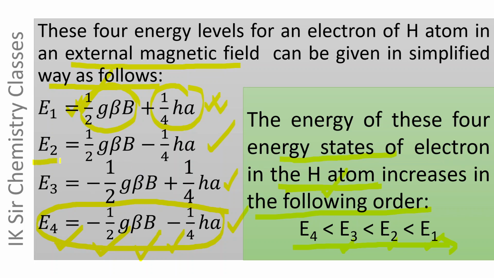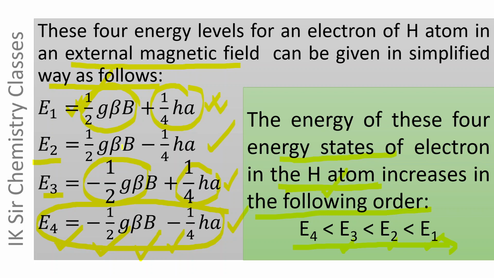On comparing E2 and E3, it may be seen that the first term dominates over the second term. Here the first term is negative and the second term is positive.